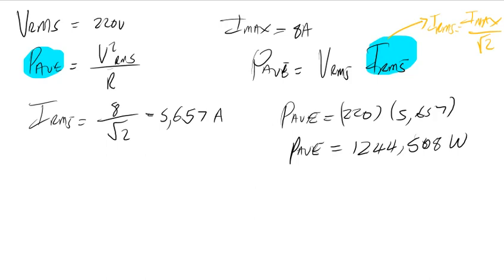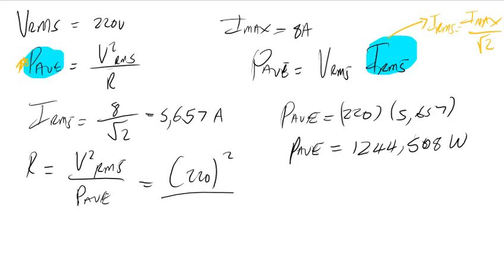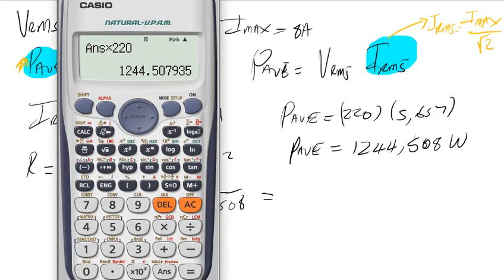Then write what. Therefore, we'll use the initial formula with R, this one. Then in this formula, we're just gonna make R the subject of the formula. We're gonna say R equals V squared RMS over PAV, which equals 220 squared divided by 1244.508. Therefore, let's go to the calculator.